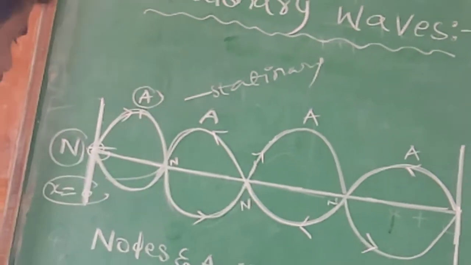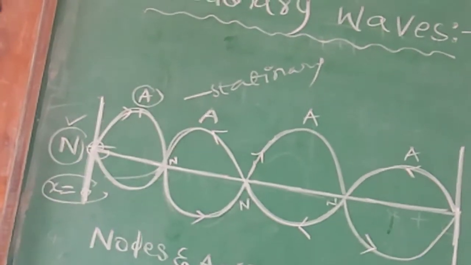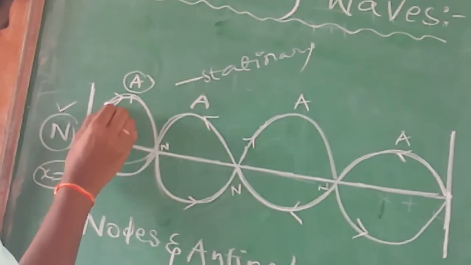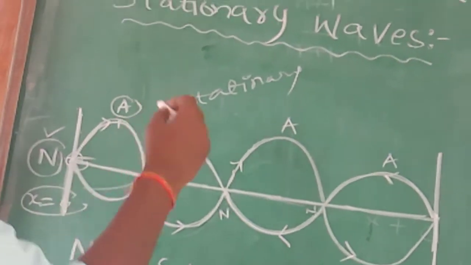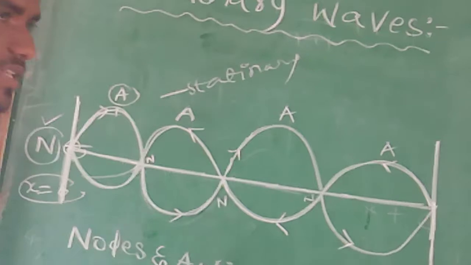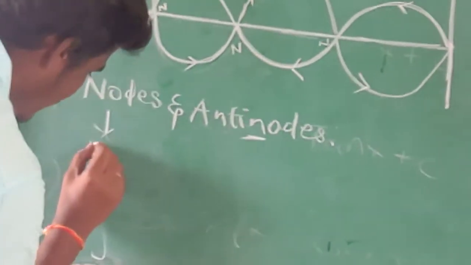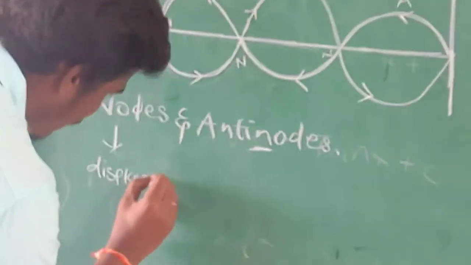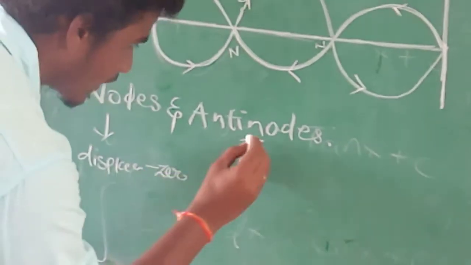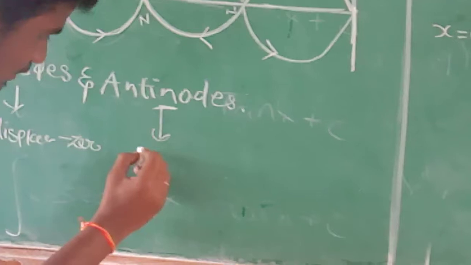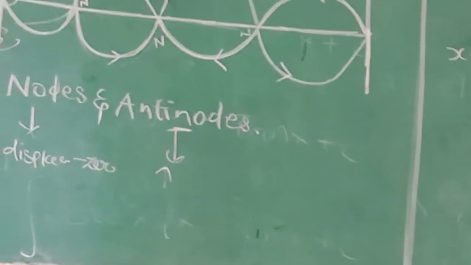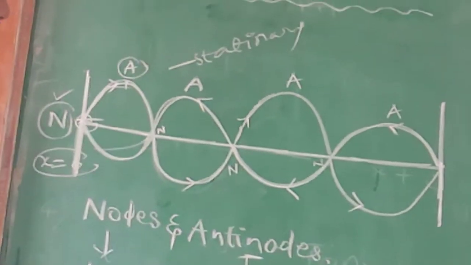This point is known as the node. The displacement is greatest at a certain point in its propagation. This point is known as the antinode. At a node the displacement is 0; at an antinode the displacement is non-zero and maximum.